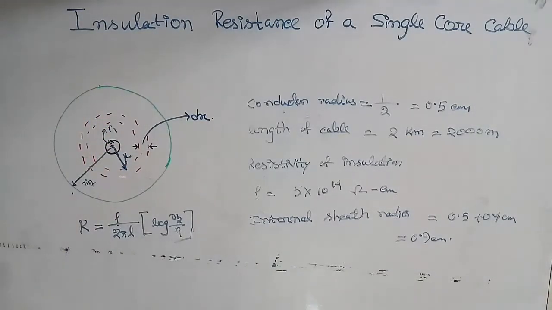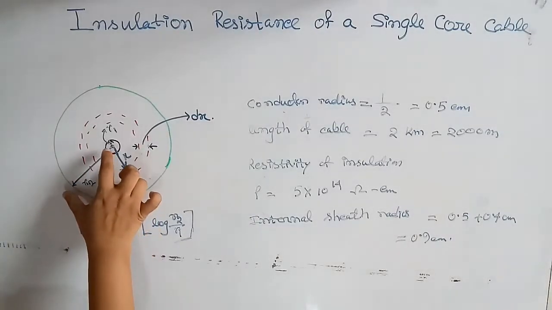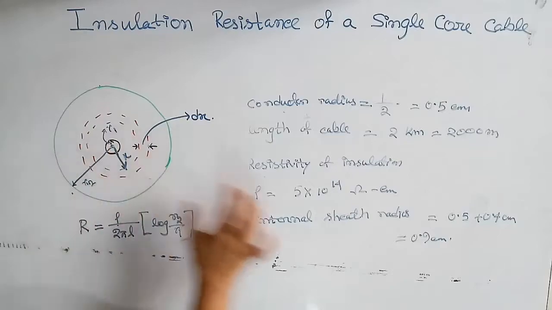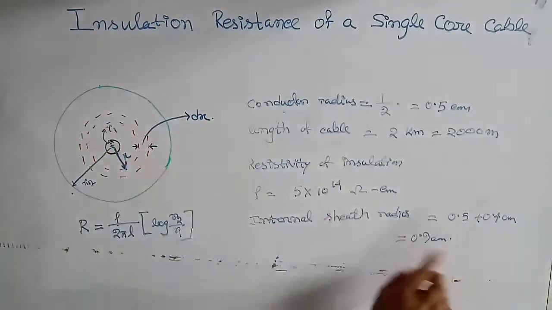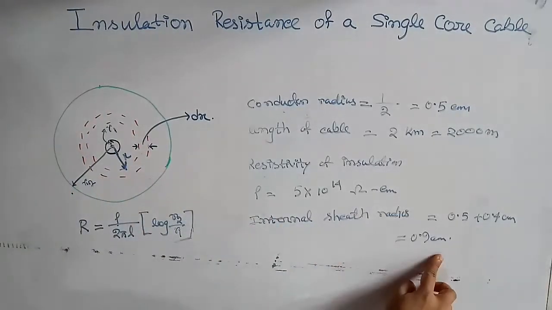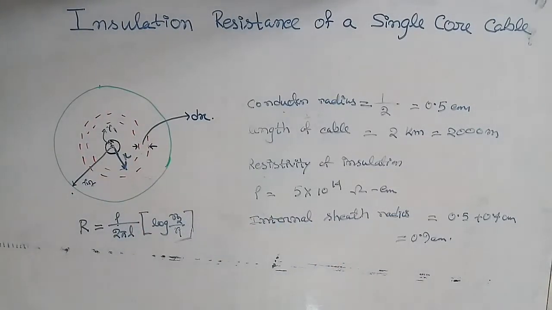So the total internal sheath radius r2 means r1 plus the thickness: r1 is 0.5 and the thickness is 0.4, so the internal sheath radius is 0.9 centimeter. Now these are given.